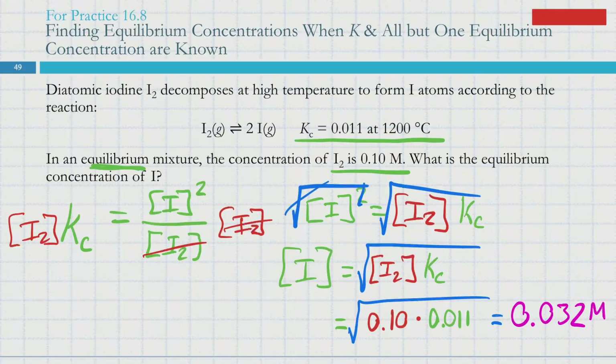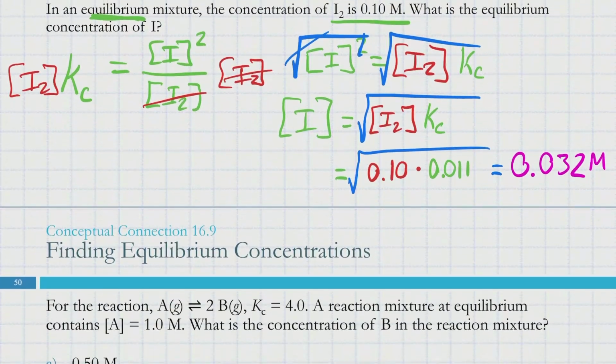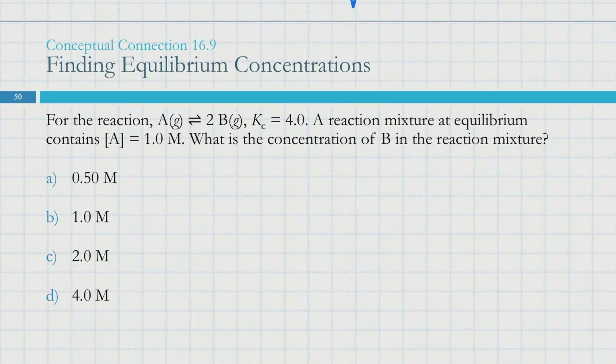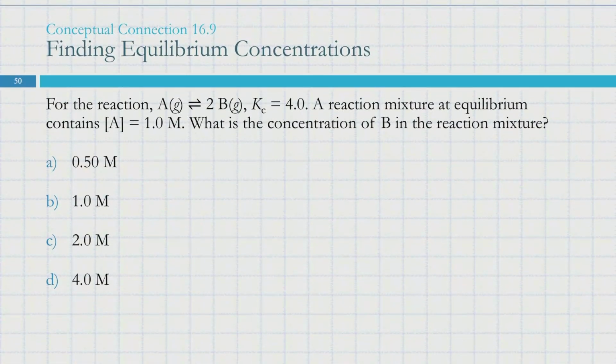Your calculator would do all that for you, so as long as you can do the rearrangement, you should be fine. For the reaction given, Kc is 4. A reaction mixture at equilibrium contains 1 molar A. What is the concentration of B in the reaction mixture? I'll give you a little bit of time to solve that.